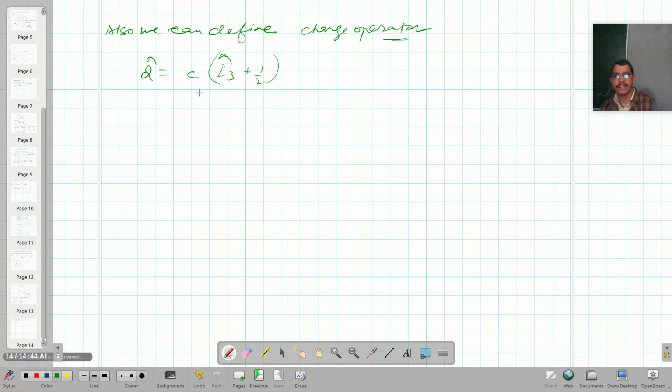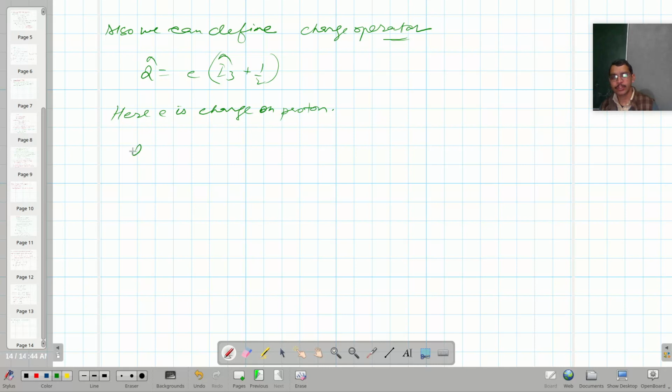It can be defined like this, where e is the charge on the proton.